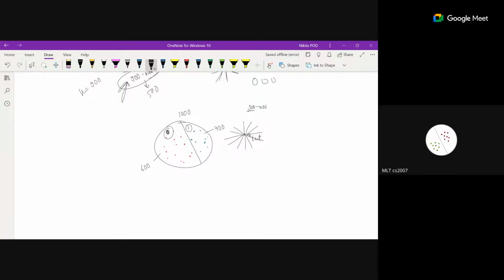Correct? Now, see, you need 900 neighbors, right? And what you have is, out of 1,000, 400 are labeled as 1 and 600 are labeled as 0, right?